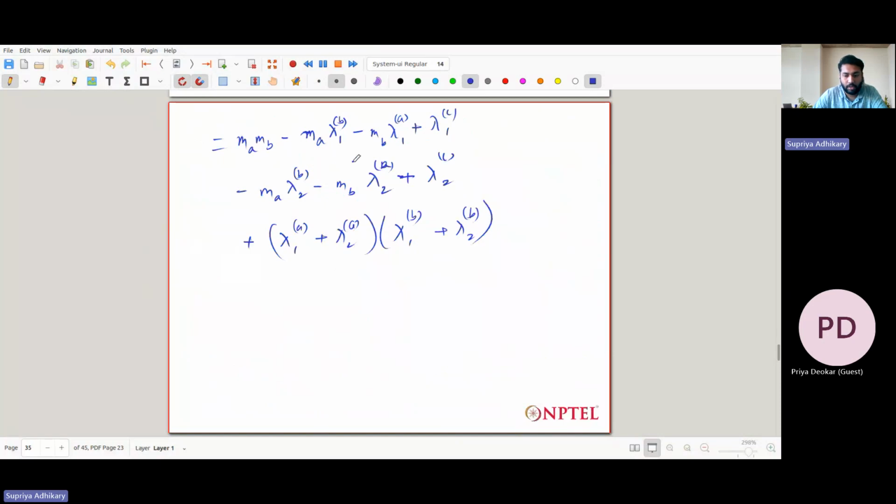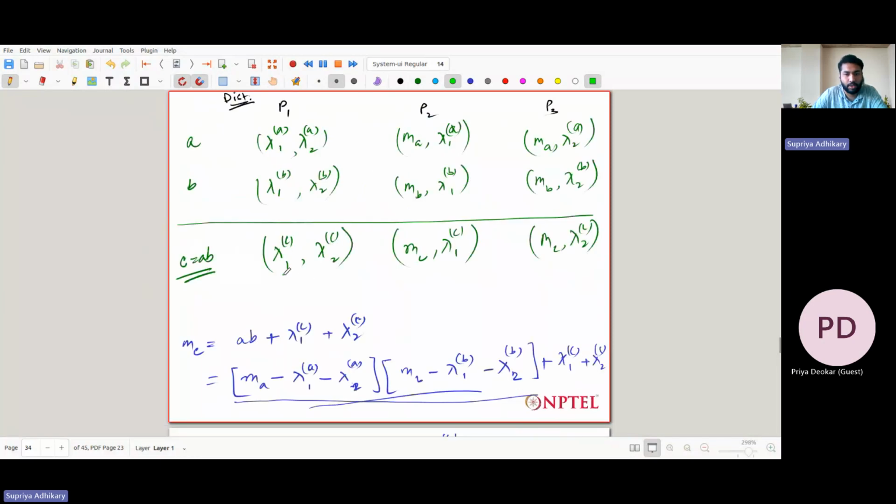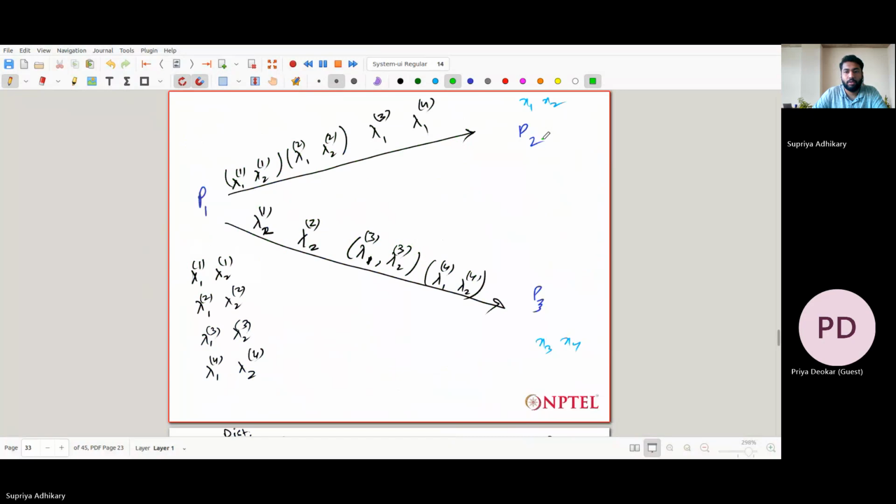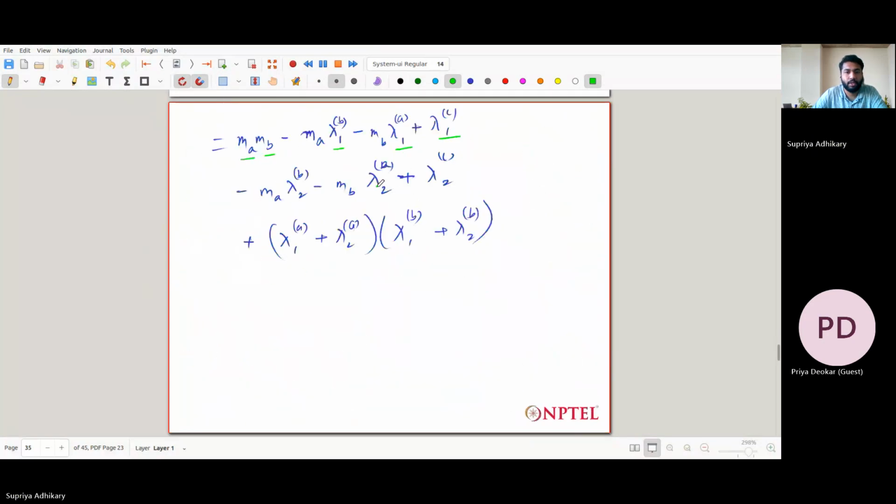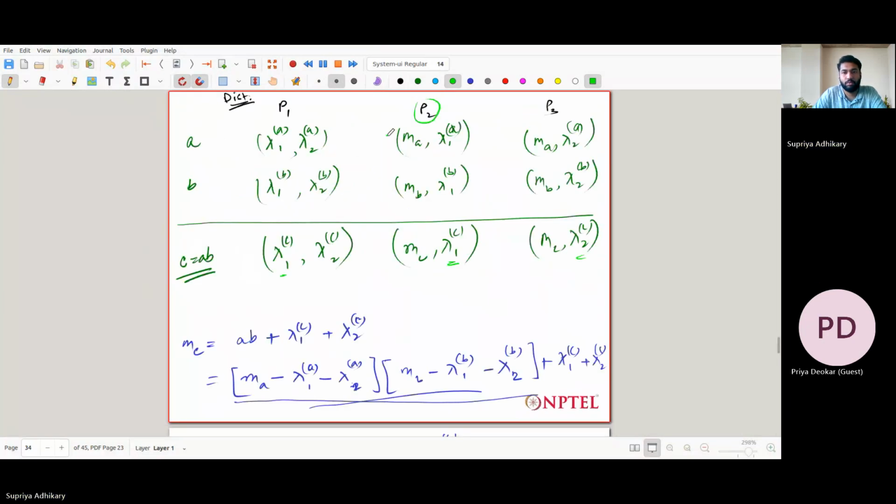Now, one thing that we can verify is that this MA, MB, lambda 1B, lambda 1A, lambda 1C. Suppose that lambda 1C has to be with P2, and lambda 2C is supposed to be with P3. Then all these shares MA, lambda 1B, MB, lambda 1A, and lambda 1C are with P2.